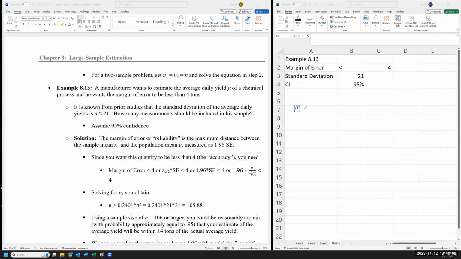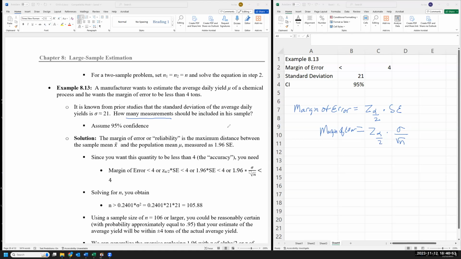The margin of error is equal to z of alpha divided by 2 times the standard error, which here is sigma divided by square root of n. Now we need to solve for n, because they're asking how many measurements he needs, or how big the sample has to be.